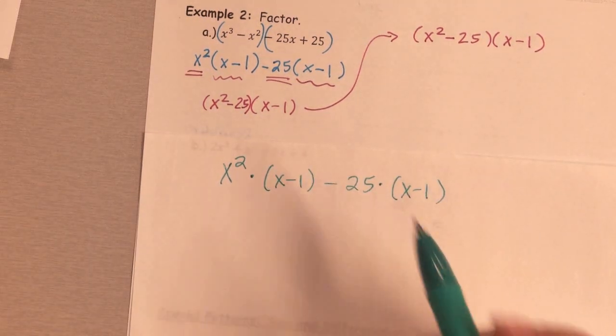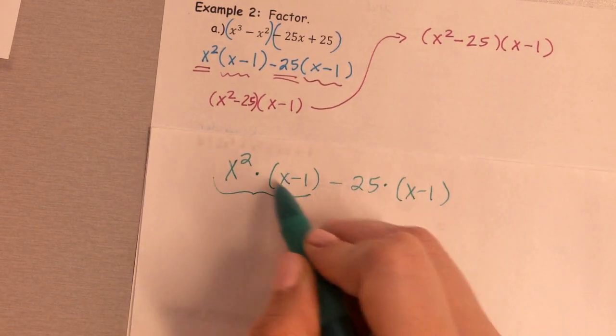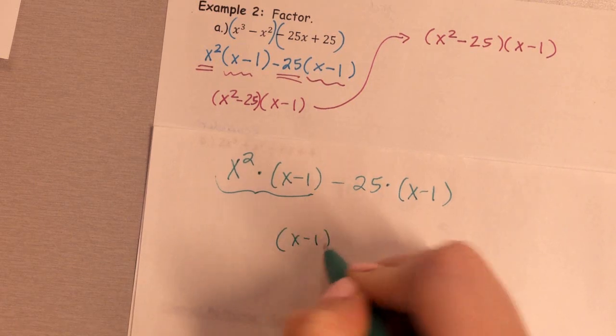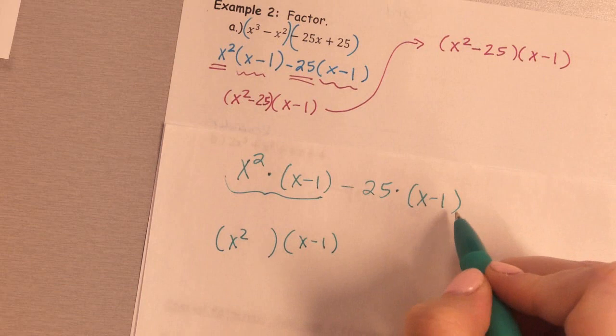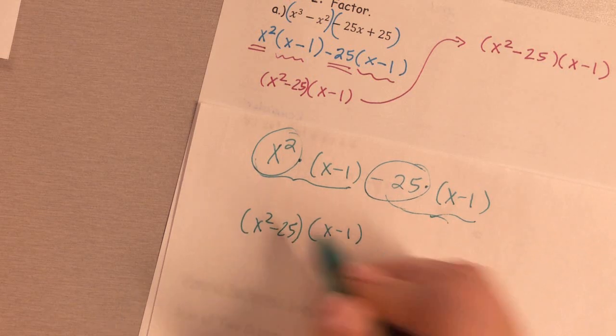So when you take out the x minus 1 from this entire thing, you're left with the x squared. When you take out the x minus 1 from this whole thing, you're left with the minus 25.